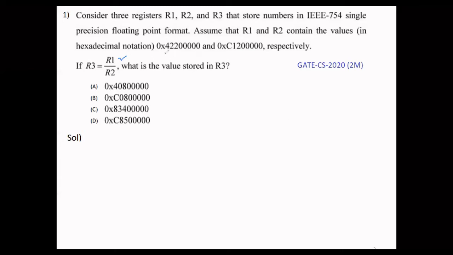So first convert R1 into a decimal value and convert R2 into a decimal value and then divide. You will get R3 in decimal value. Then convert that decimal value back into 32-bit floating point format.